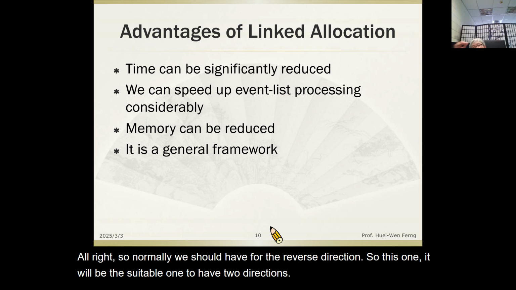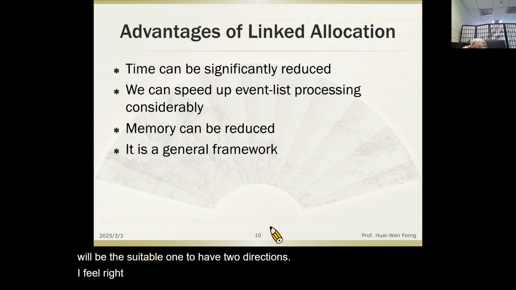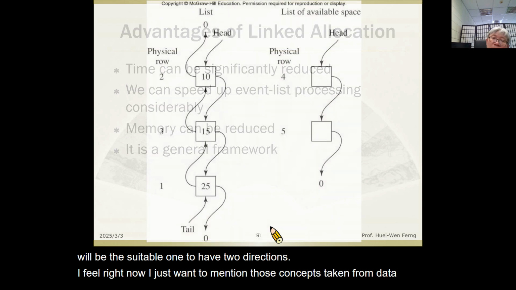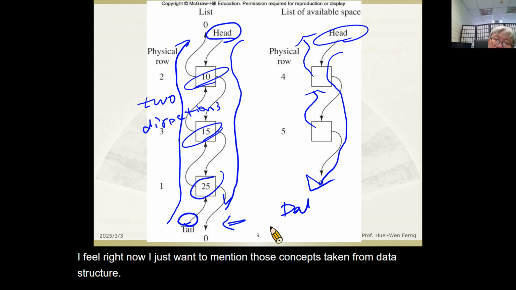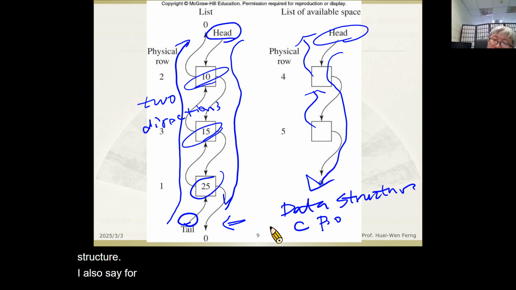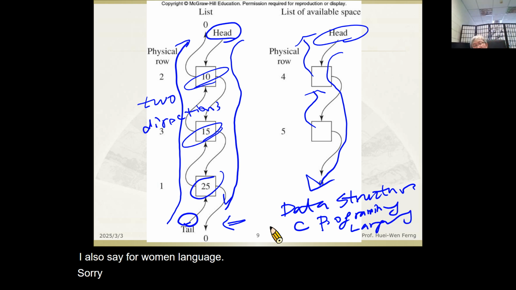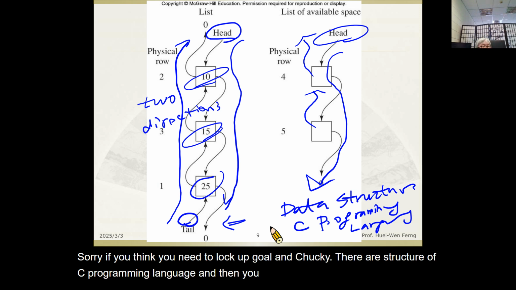I think right now, I just want to mention those concepts taken from data structure and also the C programming language. So if you think you need to look up, go and check it. Data structure or C programming language, and then you can have all of this.